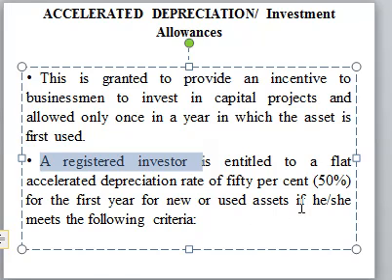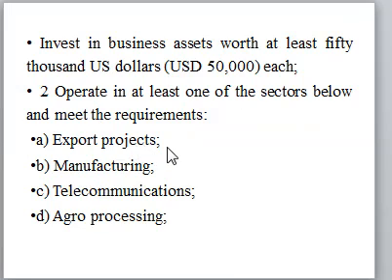The allowance is calculated at 50% of the value of the asset. So you get the value of the asset, then you multiply by 50%, and then you get the investment allowance. Another important condition for investment allowance is that the investor must invest in an asset, and the value of the asset must be at least $50,000 each.